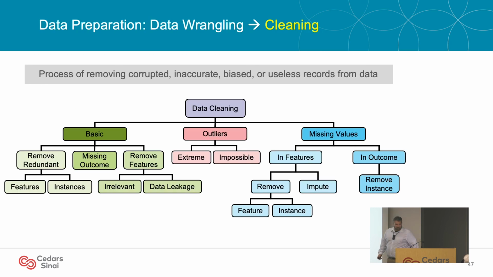Okay, a little bit more on cleaning. Removing outliers is something you can decide to do. You can either have outliers that are valid, they represent real values collected, they're just extreme, and probably you want to keep those, but you might have reasons for excluding them. Or they're impossible, right? Someone has an age of 3,000, shouldn't be there. Missing values. How do we deal with missing values? If you have a missing value in the outcome, again, just remove the instance, we covered.